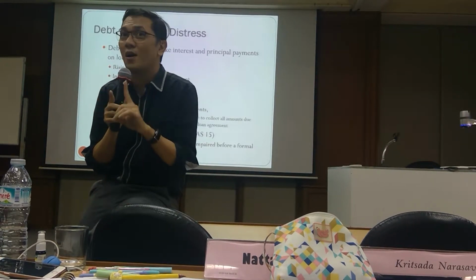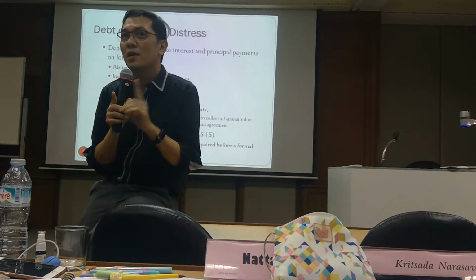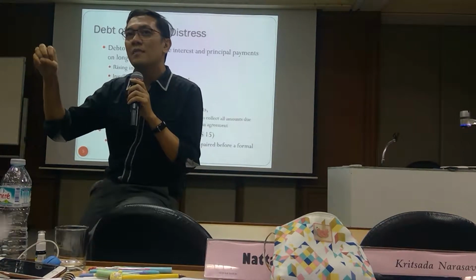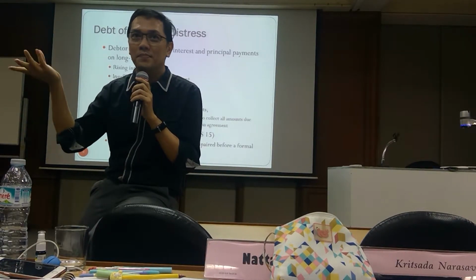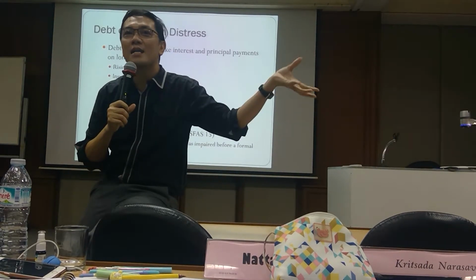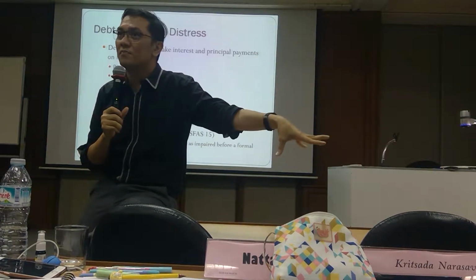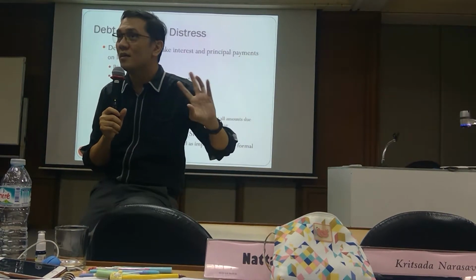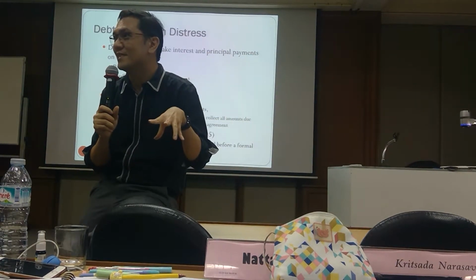Okay, this is the concept. Of course, when the value of the asset drops, a loss pops up. On the other side, when the value of the liability drops, it can be swapped with assets or can create a gain.